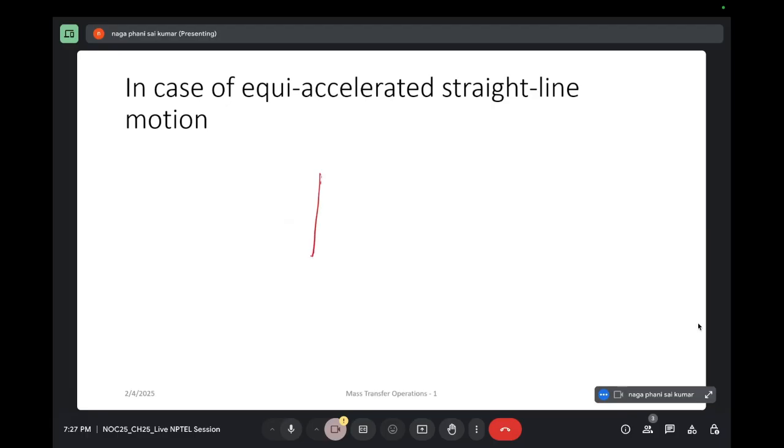Whenever a body is moving in a straight line with an acceleration A, obviously the liquid will be moving in the backward direction, right?